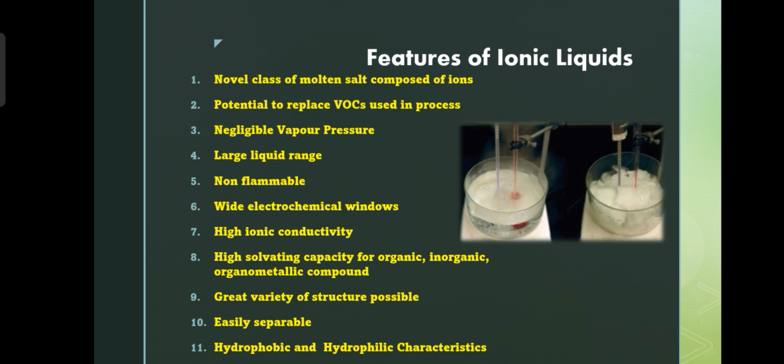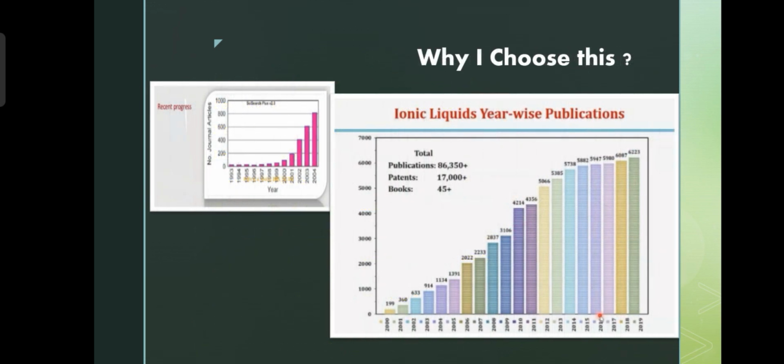They are hydrophobic and hydrophilic, so both characters, etc., are the key features of ionic liquids. Why did I choose this? Because day by day the publications on it are rapidly increasing, as you can easily see.